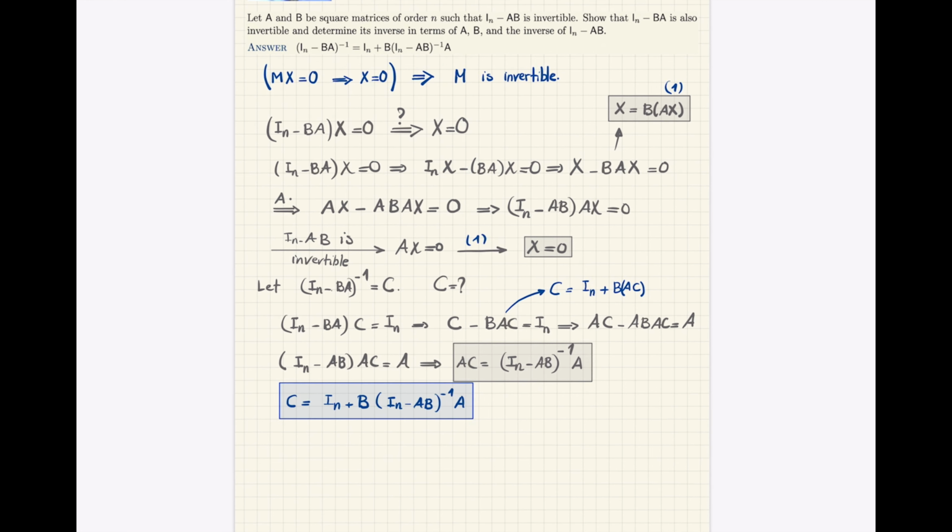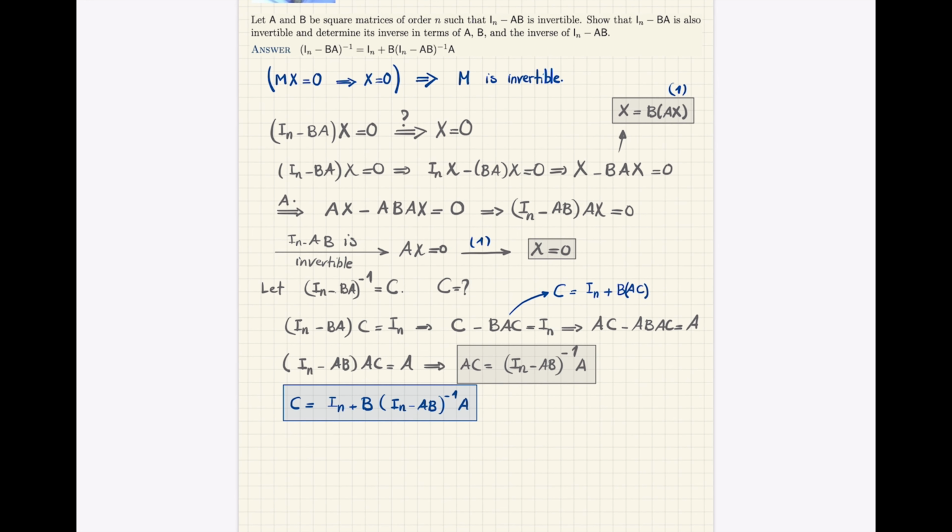Okay, so let me just do this problem in this way as well. So what I want to show is that if I take AN minus BA and multiply it by what is proposed in the problem as the inverse of my matrix, I get the identity matrix at the end.